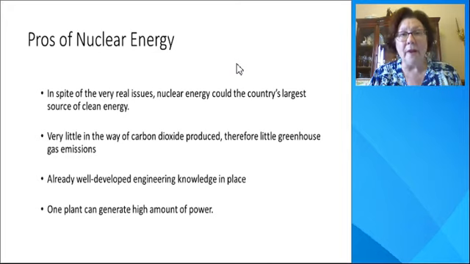There's very little in the way of carbon dioxide produced, therefore little greenhouse gas emissions. There's already well-developed engineering knowledge in place, so this isn't something that would need to have further research and development. One plant can generate an enormous amount of power.